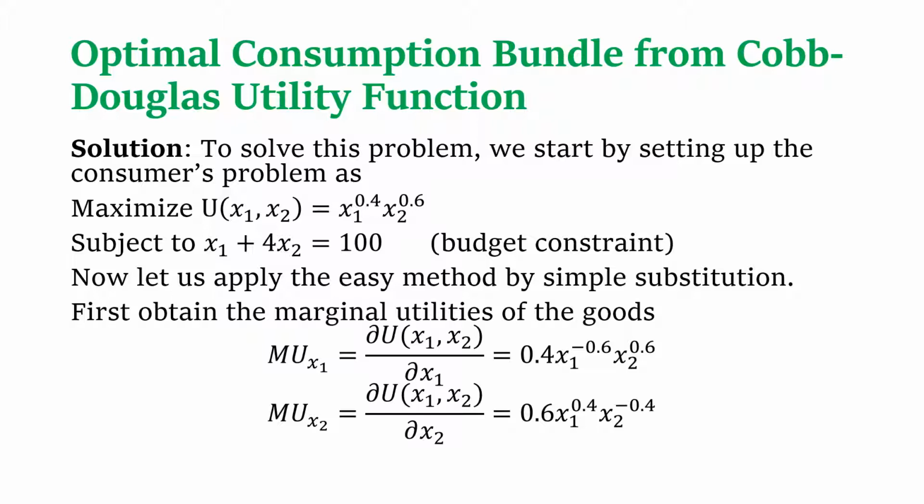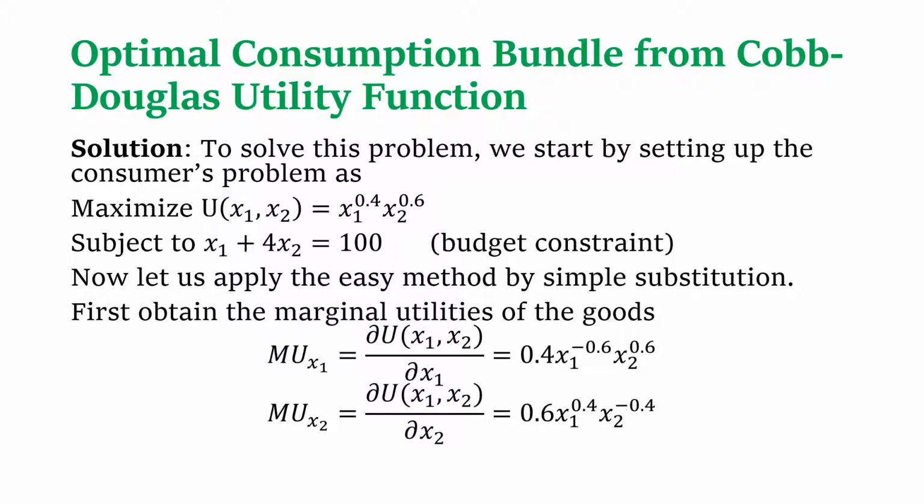But remember, here we are holding x1 constant, so that particular variable has to drop here. So we have x1 to the 0.4. But remember, we are differentiating the utility with respect to x2, so the exponent of x2 is going to change, but the exponent of x1 remains unchanged. You got it? Okay, so it is 0.6 minus 1, which is minus 0.4. So that gives us the marginal utility of good 2.